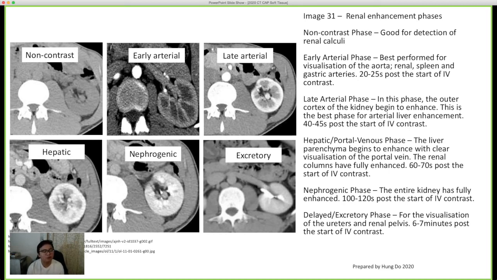So we often would bolus track for these scans to make sure that we trigger the scan as soon as we know there's contrast in those vessels and no later.